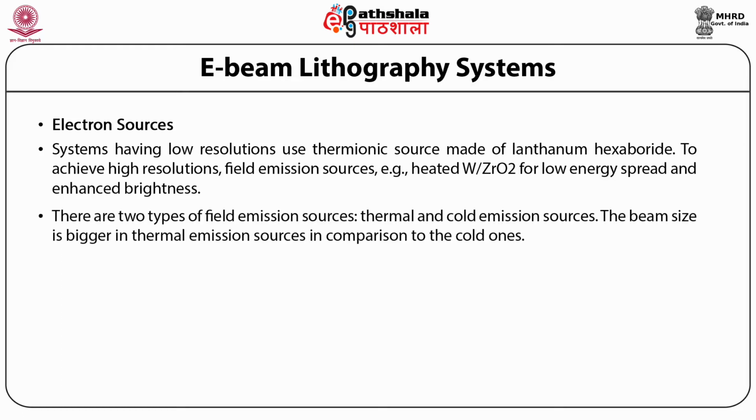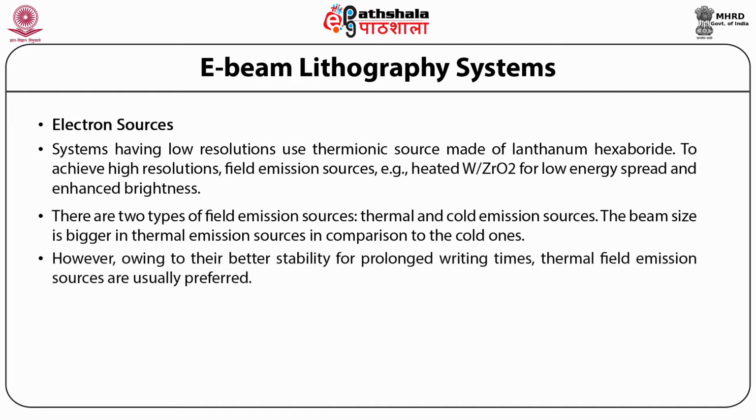There are two types of field emission sources: thermal and cold emission sources. The beam size is bigger in thermal emission sources in comparison to the cold ones. However, owing to the better stability for prolonged writing times, thermal field emission sources are usually preferred.